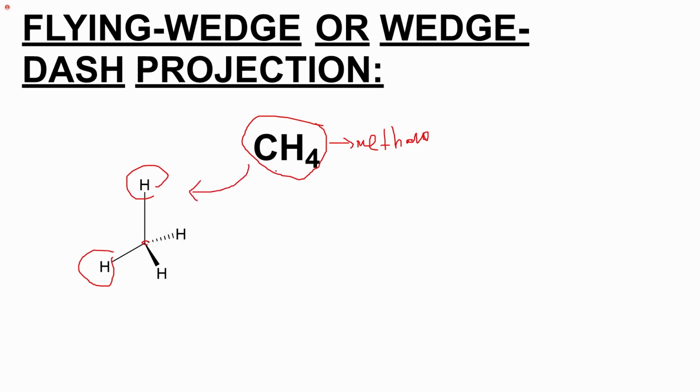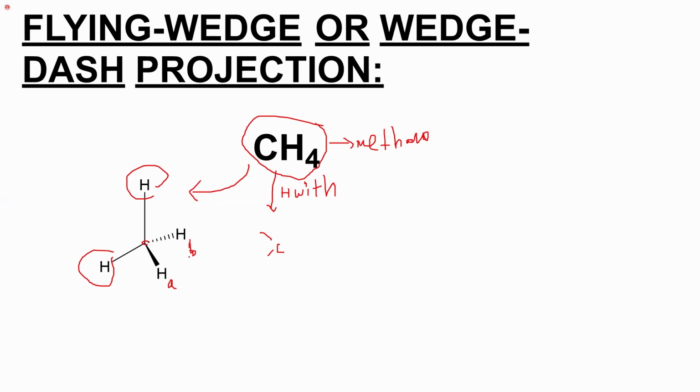Let's say if we replace one of the hydrogens with chlorine. First, you will identify this is HA and this is HB.